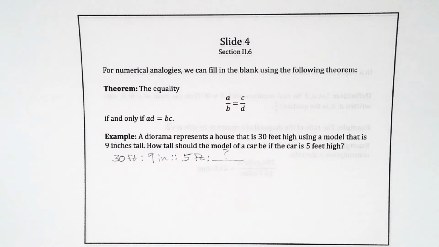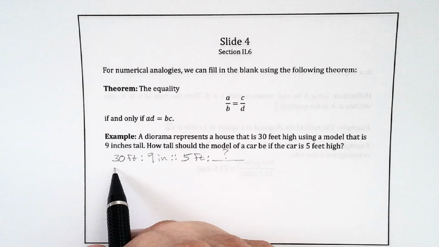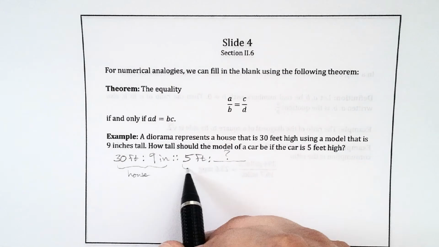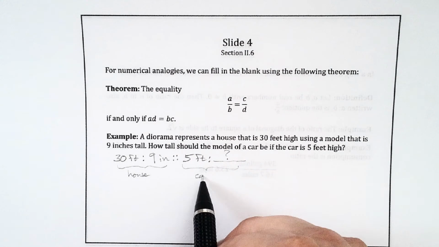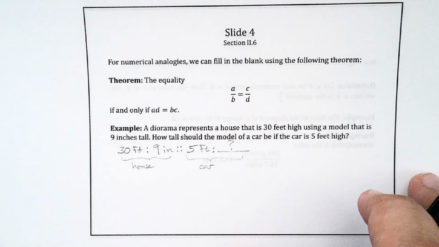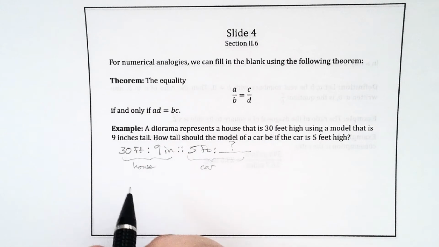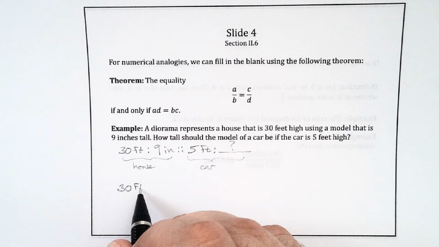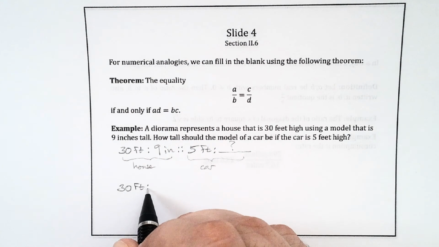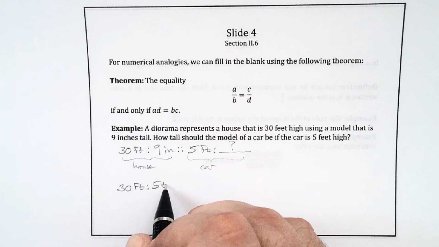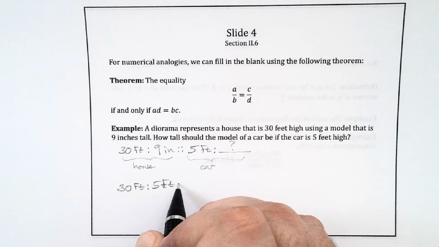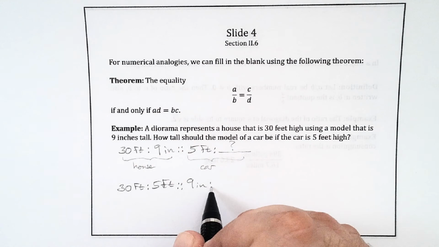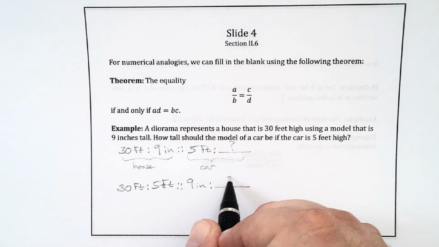Yeah, there's other ways of writing it, though. So in this way I wrote it, on one side we've got the house. On the other side we've got the car. Okay, here's another way of writing it. I could do feet and inches. So I could say 30 feet is to 5 feet as 9 inches is to, we don't know how many inches.